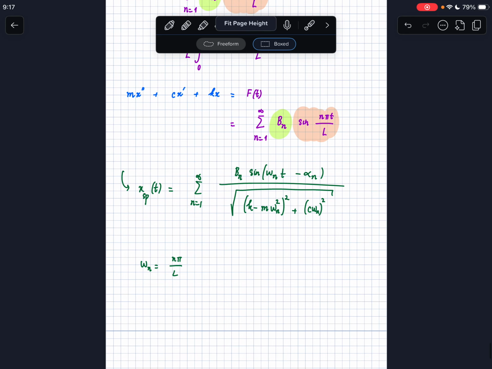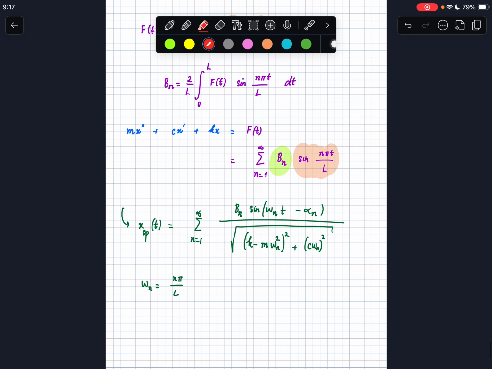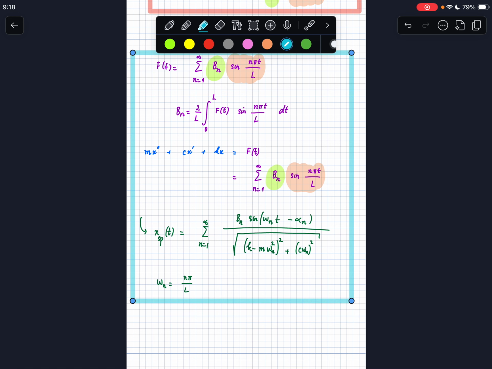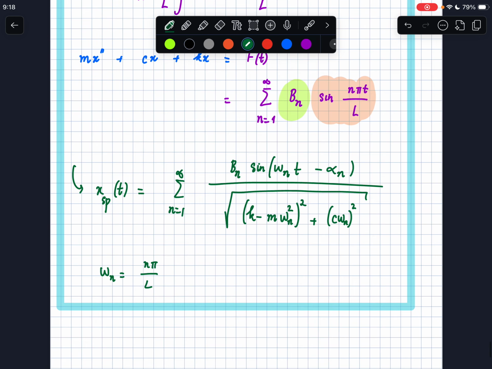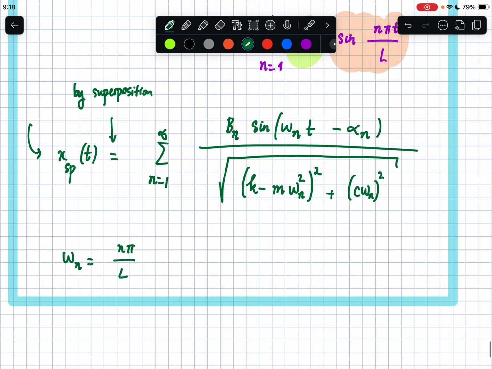So we have a big formula for the steady periodic solution, by the superposition principle. This is our steady periodic solution.